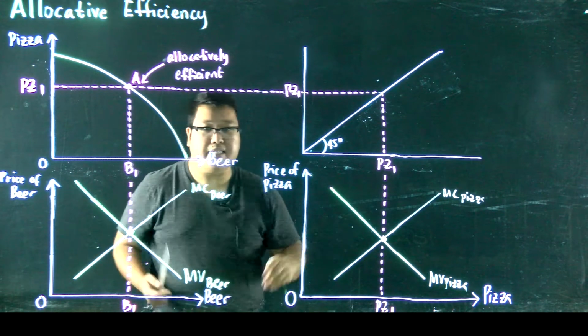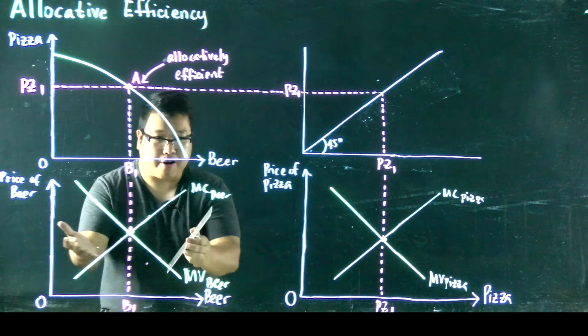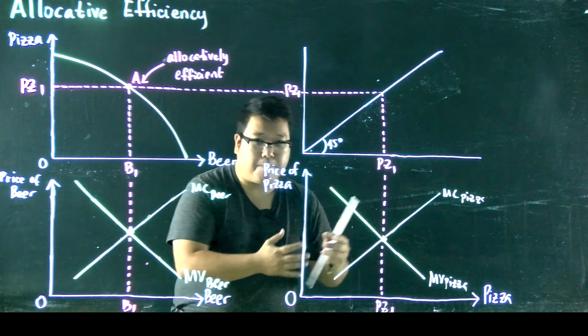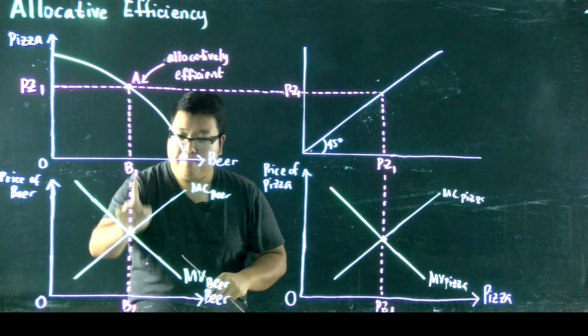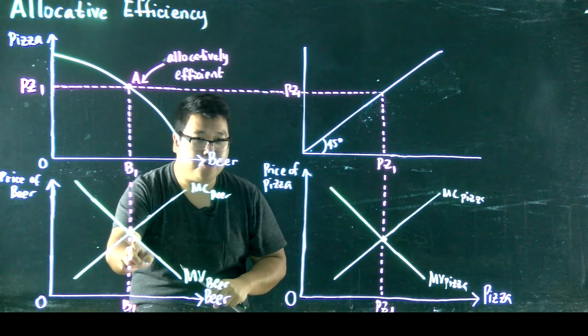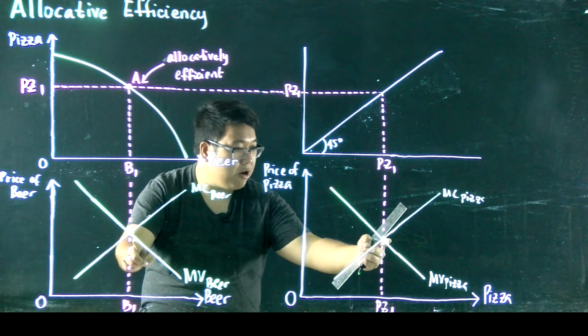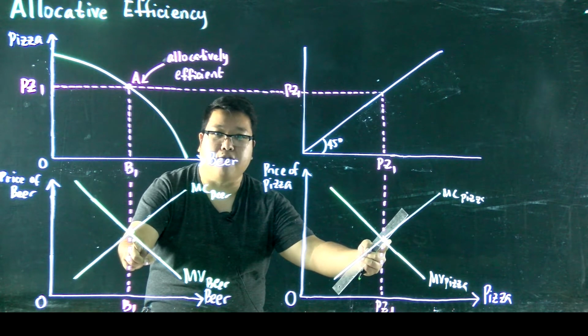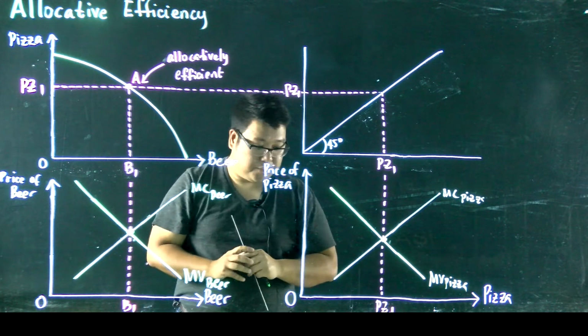So now we have these two markets: the market for beer and the market for pizza. At point A, the marginal cost for beer equals the marginal value for beer. Marginal cost for pizza equals marginal value for pizza. Allocatively efficient.